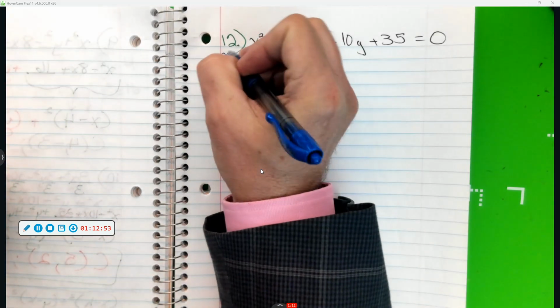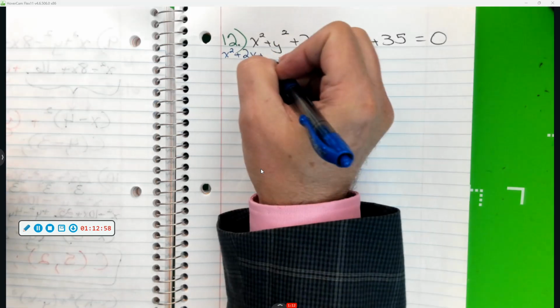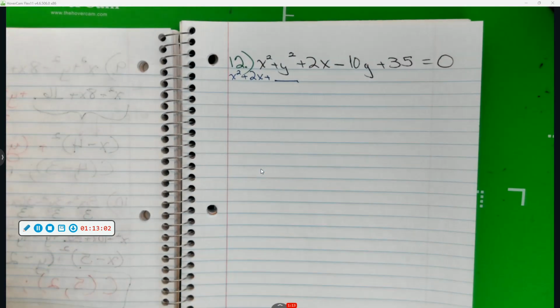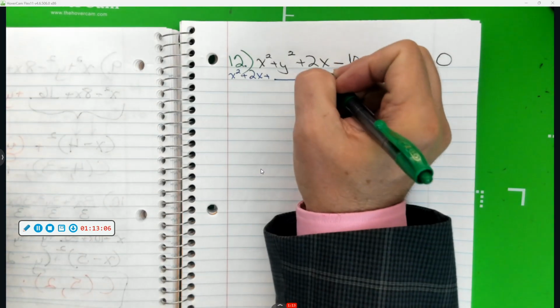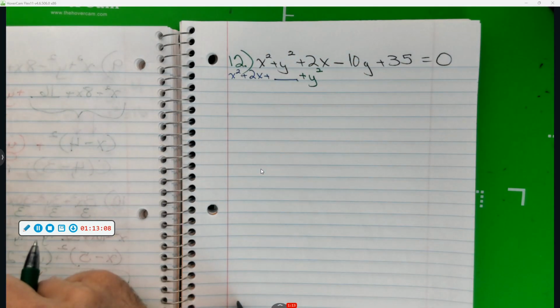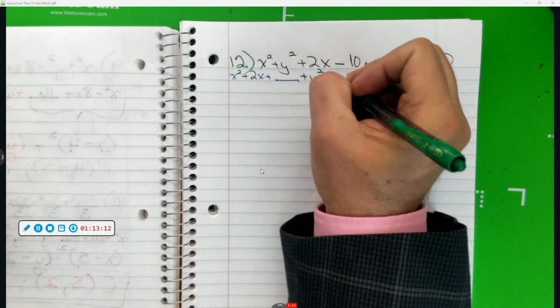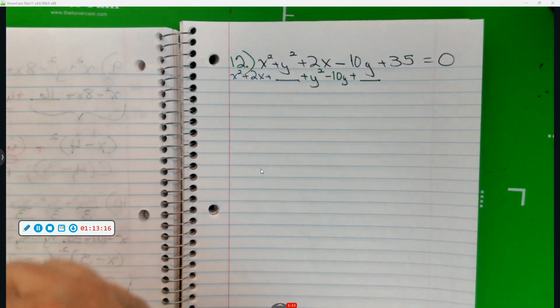That's x squared plus 2x plus, skip some space. I like your horizontal approach, Tony. I have to write small. Now we group the y terms together. y squared minus 10y plus, skip some space.